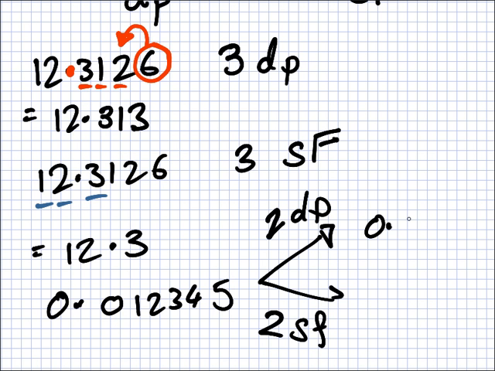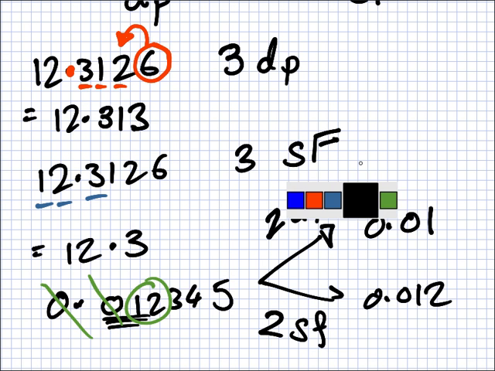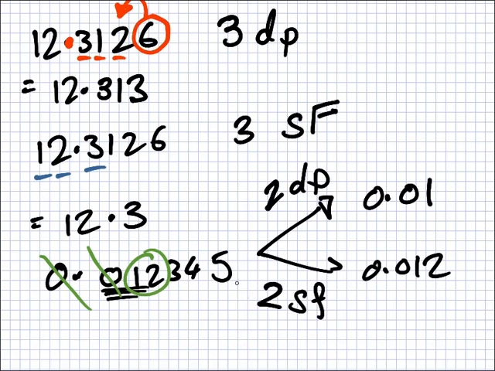It'd be 0.01. Now what's 2SF? 1, 2, good. Yeah, you're looking at the first 2. And you don't count the zeros. So 0.012. Okay? So let's take an example. You'll need your calculator.